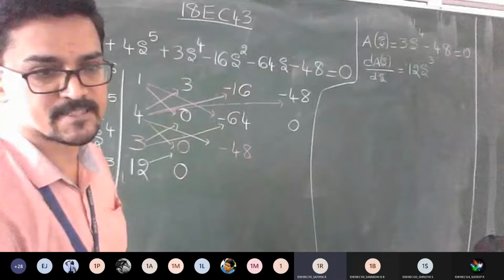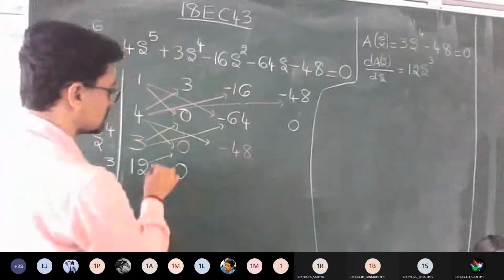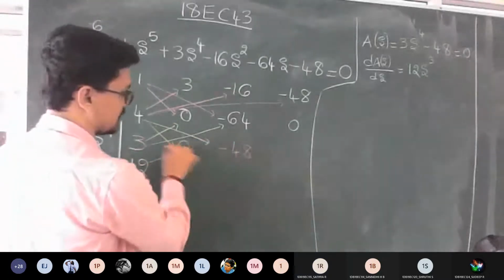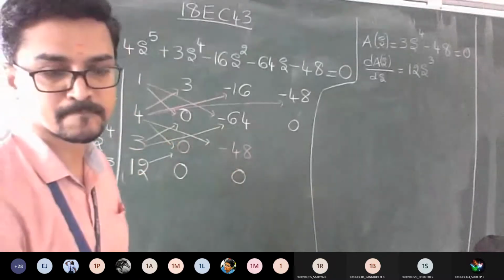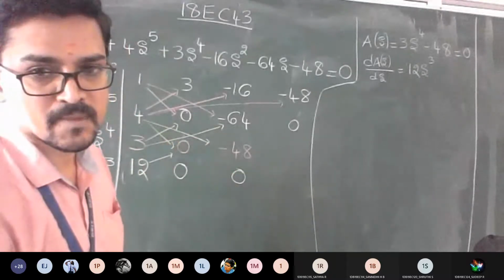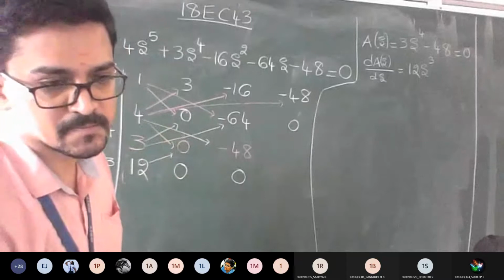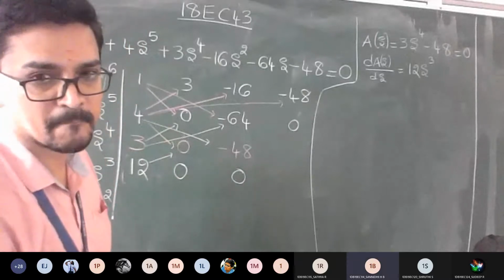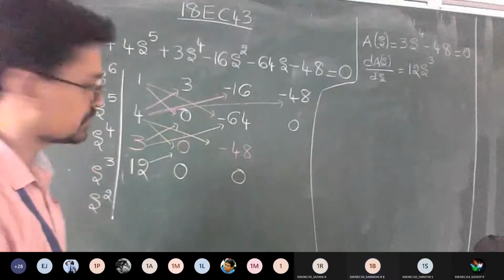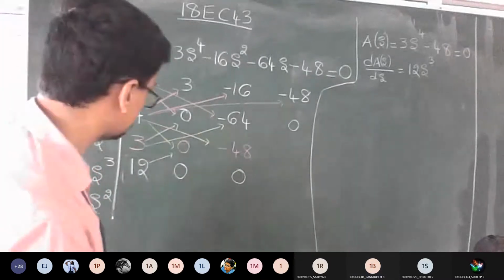Yes or no, guys? Is it okay till here? Similarly, next also 12 into this minus of this 0. So is it going to be 0 only? Shall we proceed? Tell me what is the next row answer now.